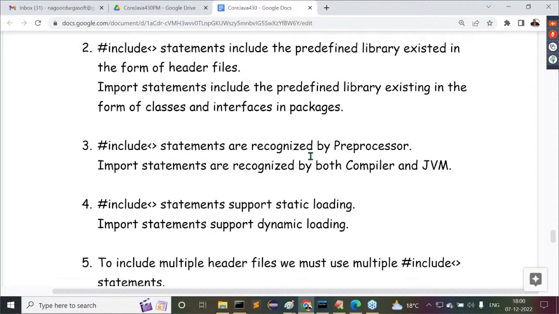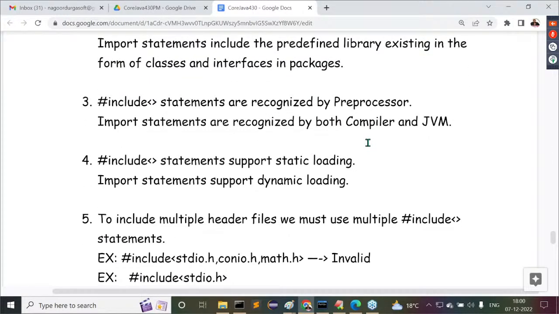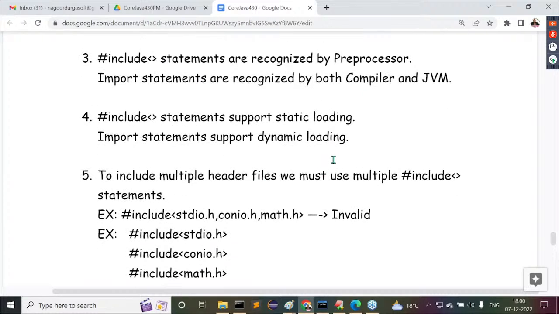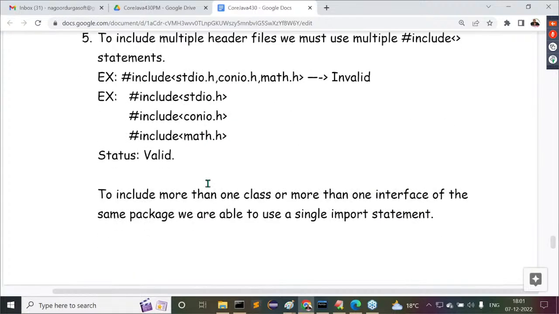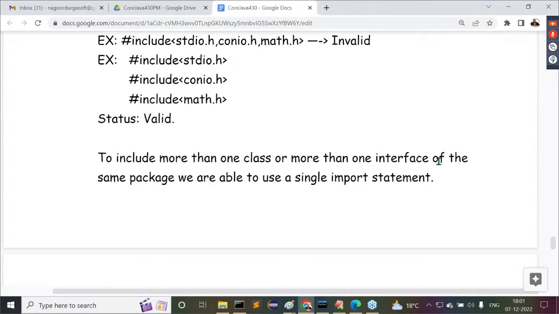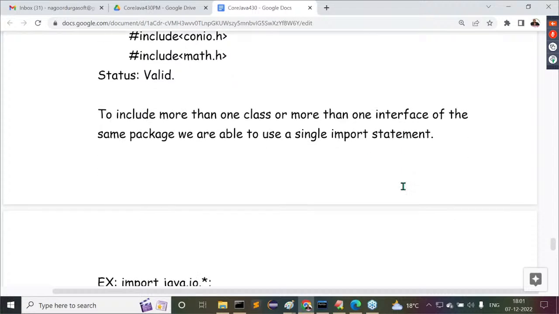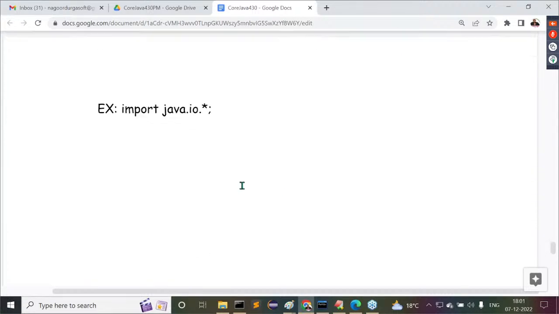Hash include statements are recognized by the preprocessor. Import statements are recognized by both compiler and JVM. Hash include supports static loading. Import statements support dynamic loading. To include multiple header files, we must use multiple hash include statements. But to include more than one class or interface of the same package, we are able to use a single import statement. Example I've given there.